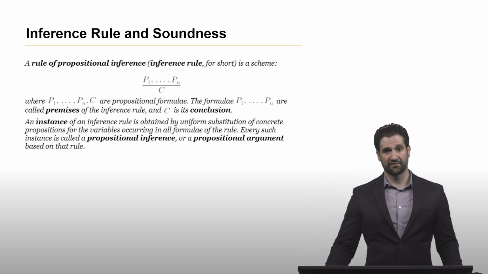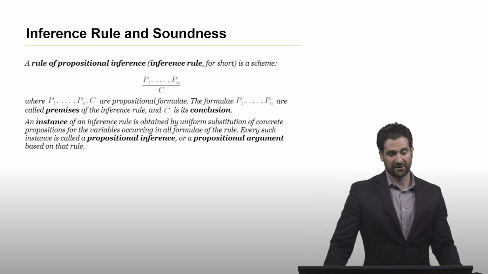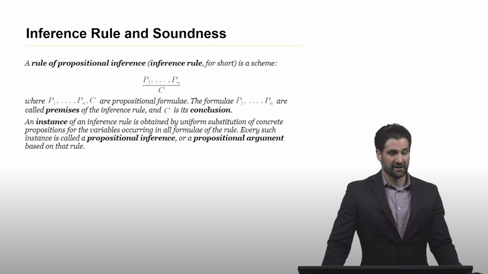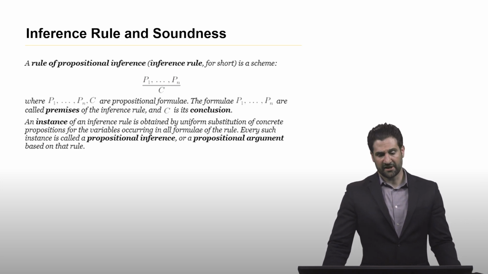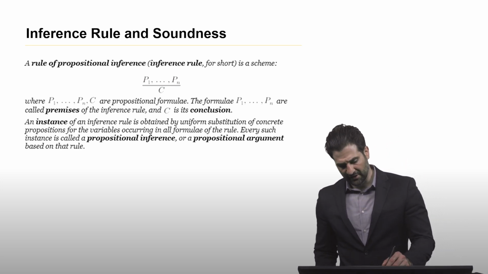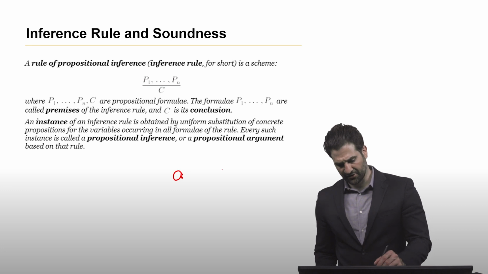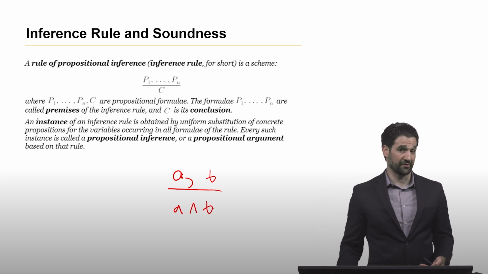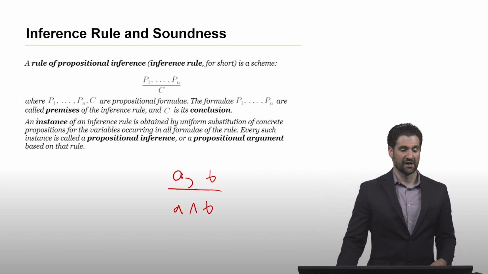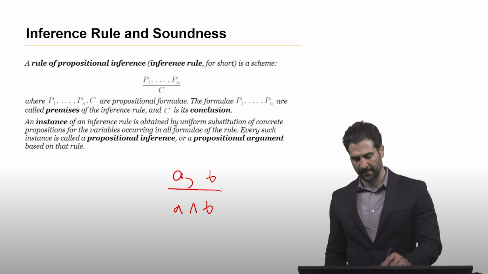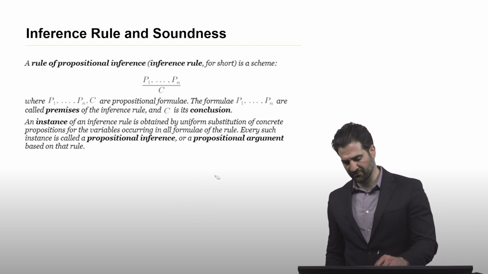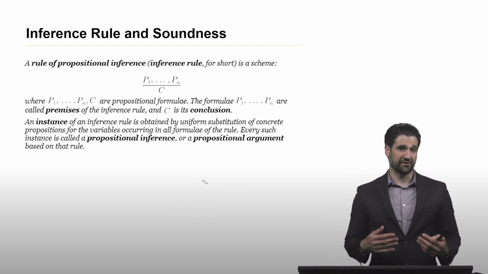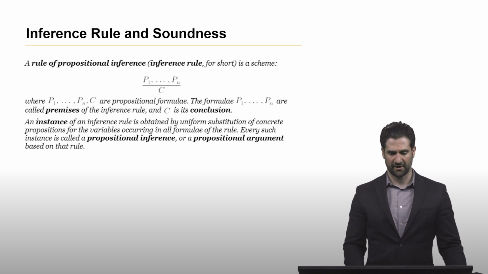A very easy example of this would be that if A is true and B is true, we can conclude A and B is also true. This follows right from the definition of a conjunction. And so we can write a bunch of rules like that to help us with the inference process.